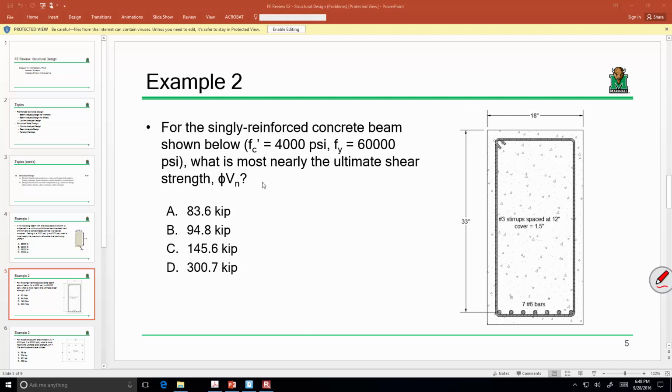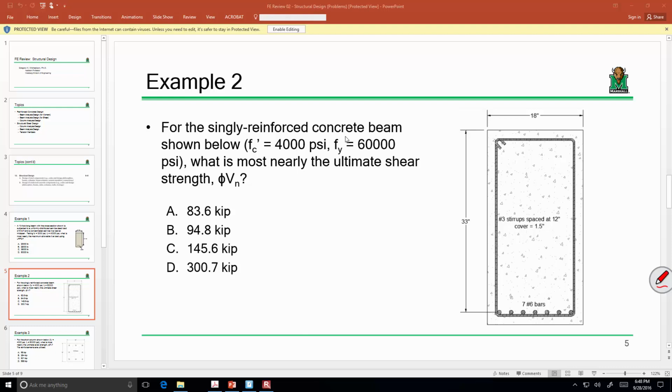So how do we calculate V sub S? AV, FY, D over S. Remember that D over S is sort of the amount of stirrups per beam depth. We're trying to figure out how many stirrups cross a beam depth, because that's how we assume the beam's going to crack at 45 degrees.